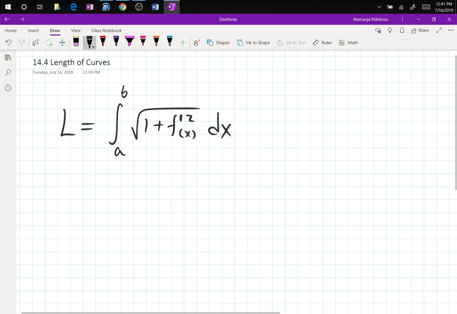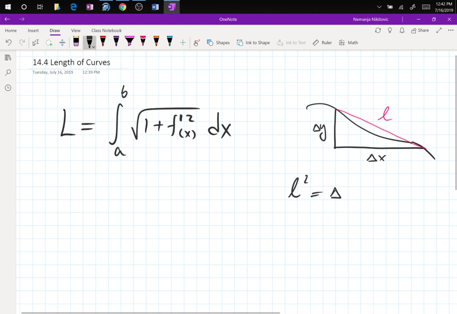It's very easy to derive this equation because if you have some kind of a curve, and now this is a Calc 2 derivation, and you draw a delta x and delta y, and then you approximate this with a straight line and call that lowercase l, you can immediately see that L squared equals delta x squared plus delta y squared, from where L is equal to the square root of delta x squared plus delta y squared.